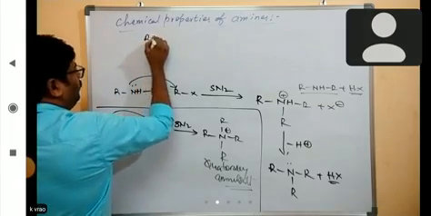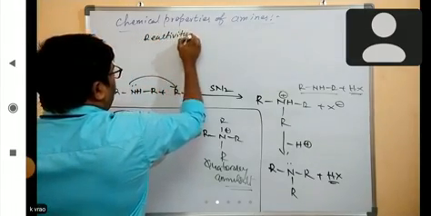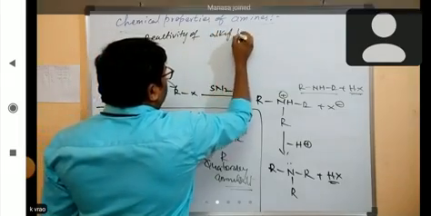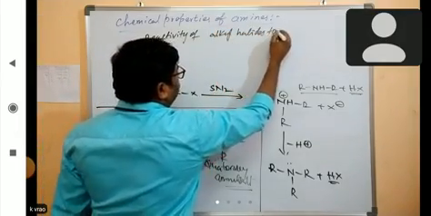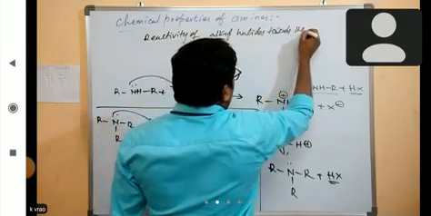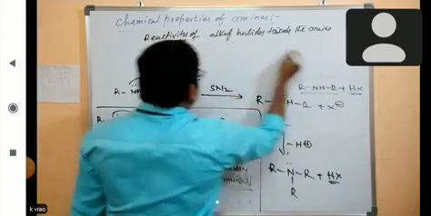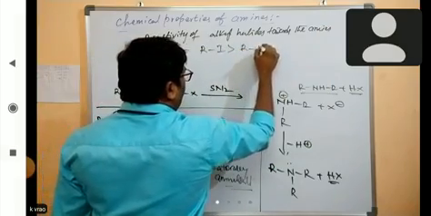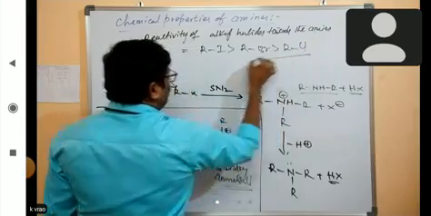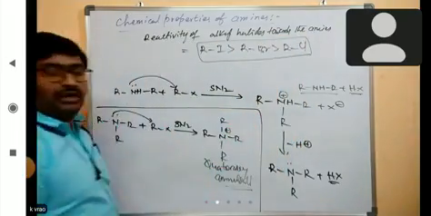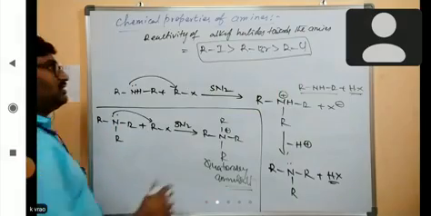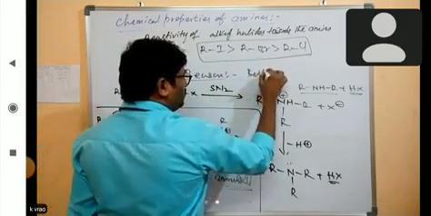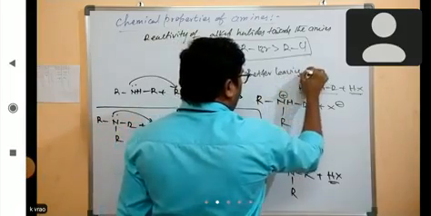Therefore, the reactivity of alkyl halides towards the amines is alkyl iodide greater than alkyl bromide greater than alkyl chloride. This is the reactivity order towards the amines, because I is a better leaving group.